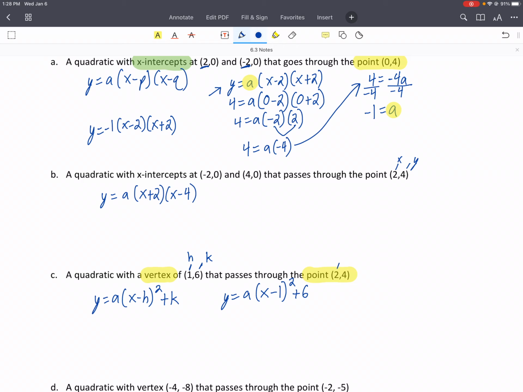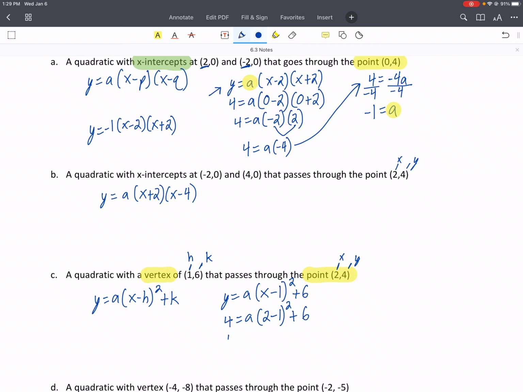Now we got to plug in our point. So we plug in 2 for x, 4 for y. And so then our answer for y, we'd have 4 is equal to a times x, which is 2 minus 1 squared plus 6.